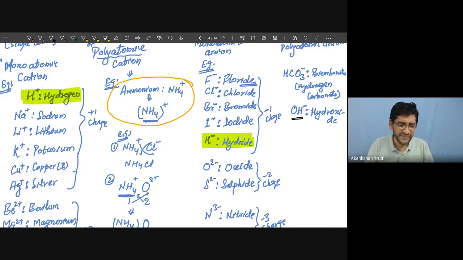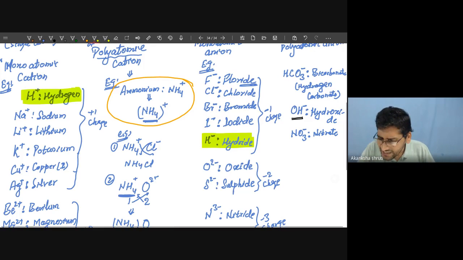Take the other one. If you take nitrogen and oxygen 3, meaning NO3, it also carries 1 unit negative charge. It is called nitrate. The differences you must keep in mind. It is nitrate, ATE, nitrogen with oxygen.